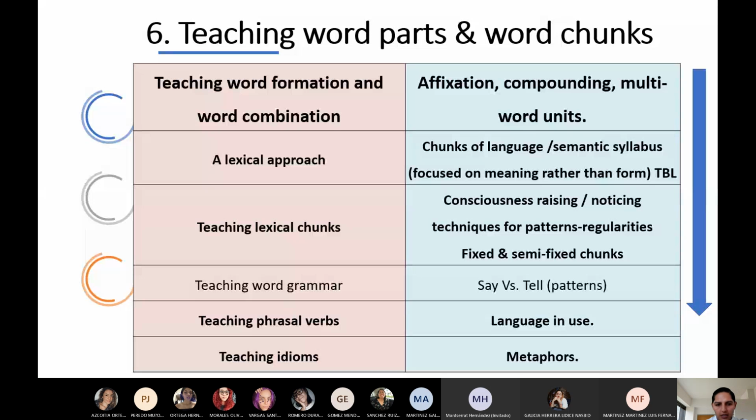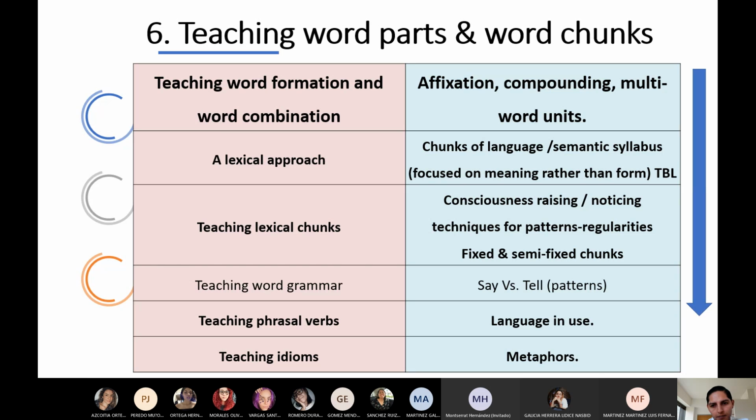You know, you're taking these current methods and approaches for teaching English. You might be familiar with TBL, task-based learning. Teaching lexical chunks, consciousness raising, noticing techniques for patterns and regularities, and fixed and semi-fixed chunks.